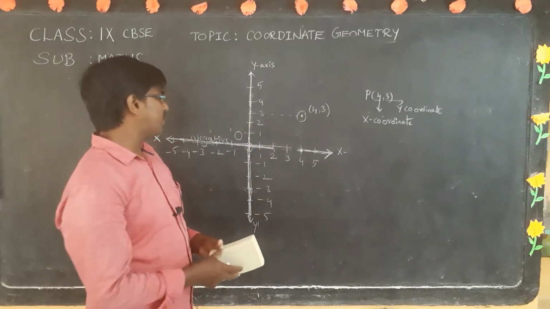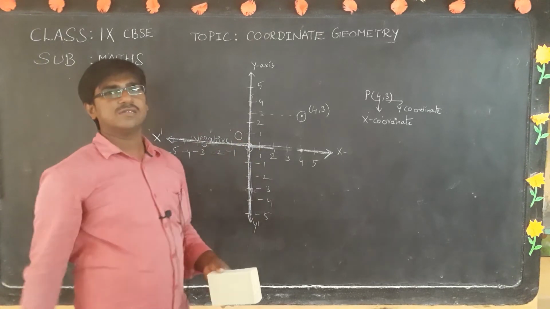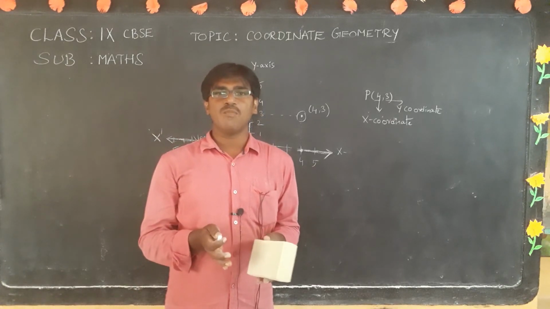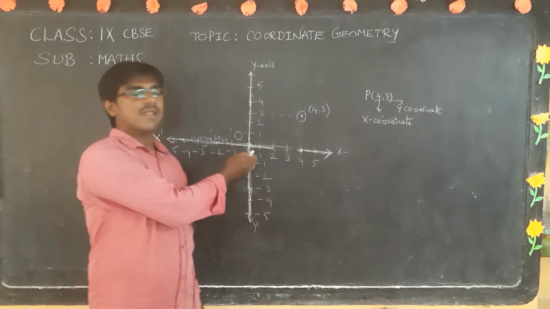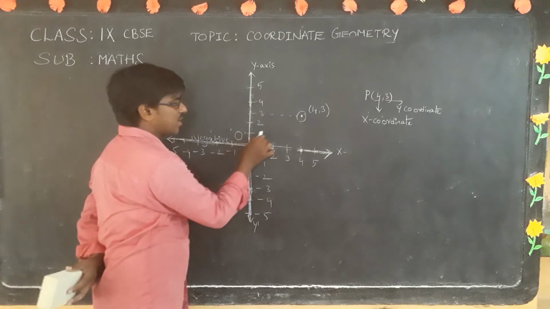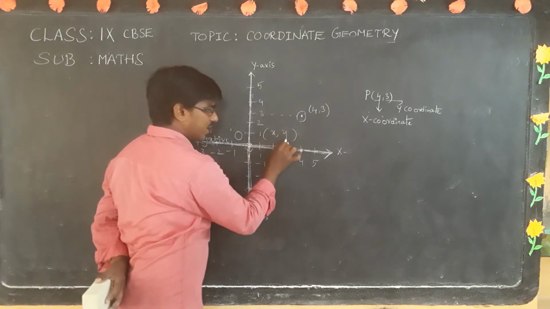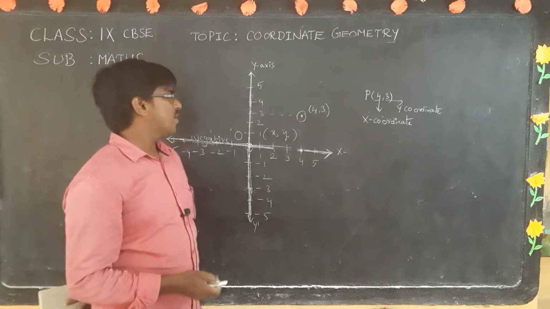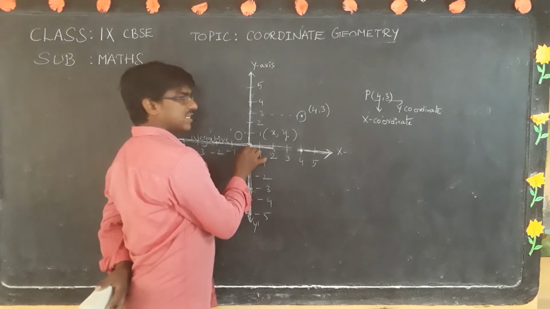So now if we come to the origin, what is this point? Origin. We discussed what the origin is. The intersection of both x and y axis is called the origin. Then what about the coordinates of the origin? What is the x coordinate and what is the y coordinate of the origin?